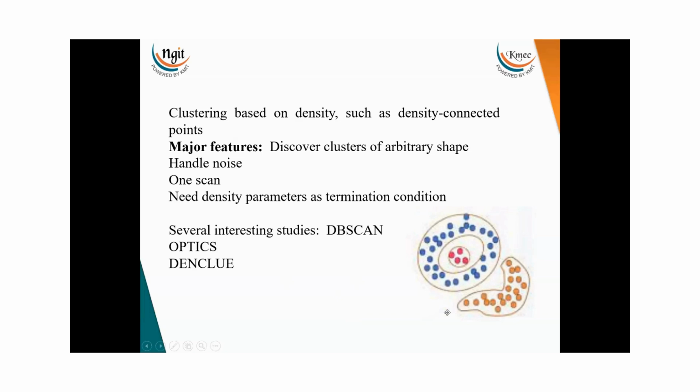So we can see clusters not only in the spherical shape, but also arbitrary shaped clusters, which can be found using DBSCAN. It also identifies the outliers, and we can do this task in one scan. Here we need the density parameters as a termination condition.